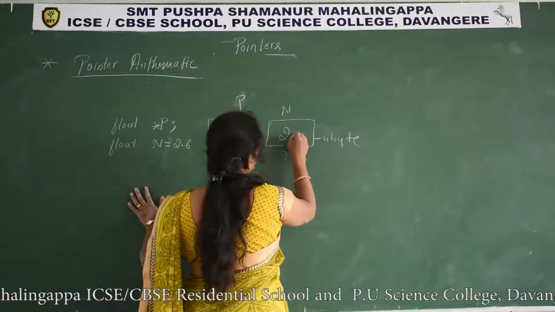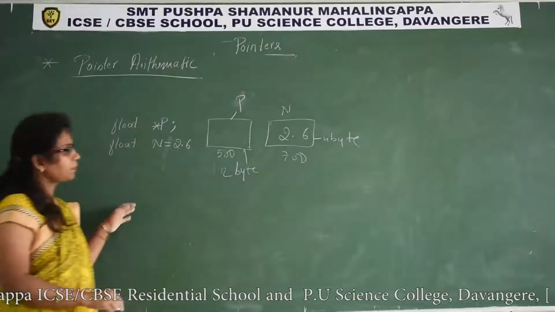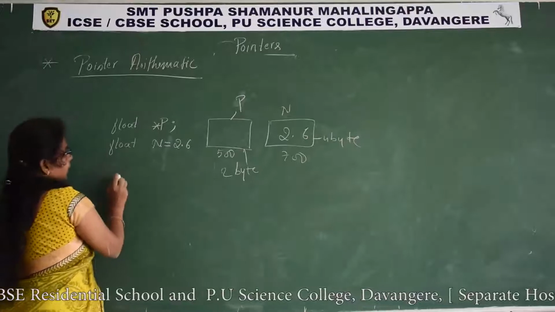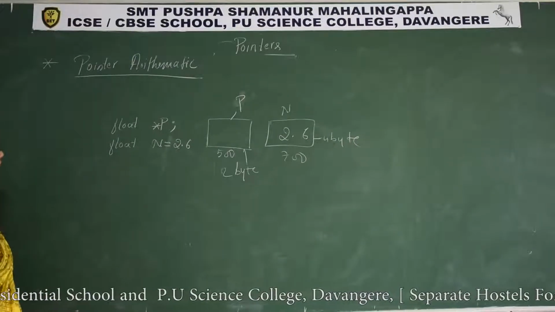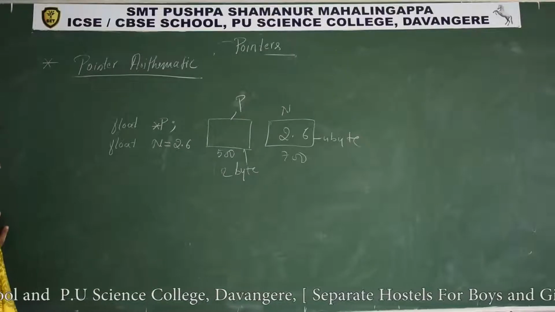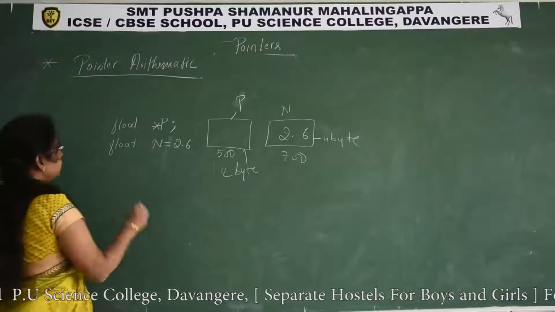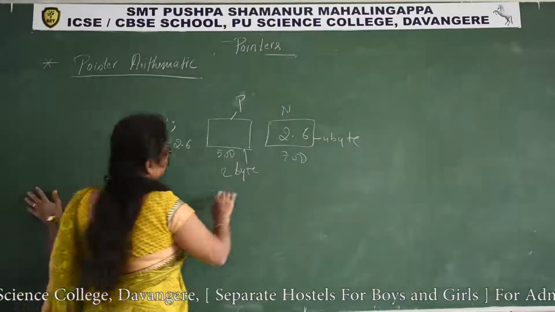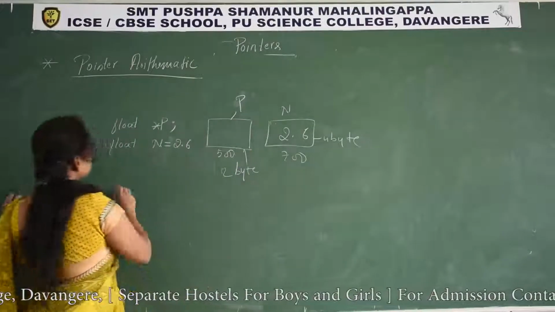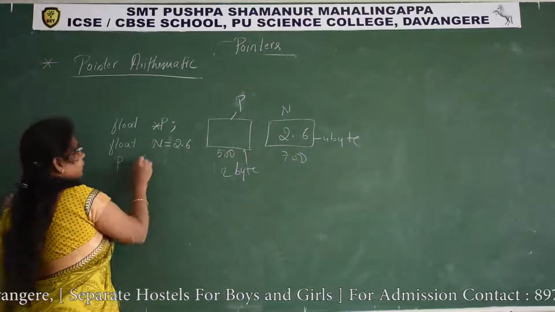So 2.6 will be stored here. If I write like this, I want to increment the content of n using p. How? First I have to create a link between these two. How? P is equal to ampersand n.